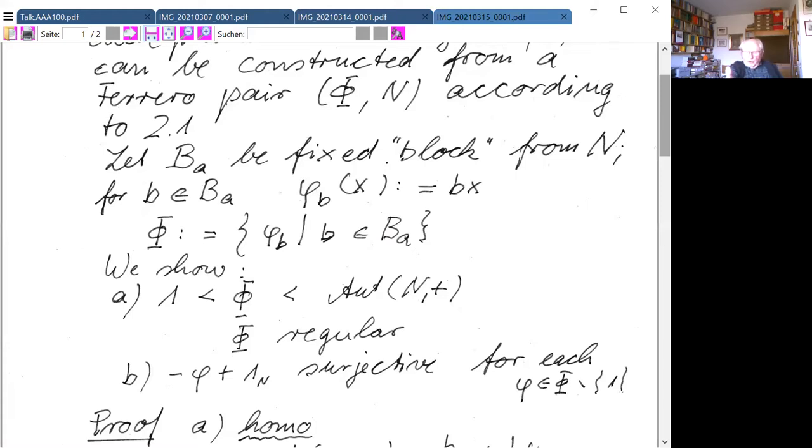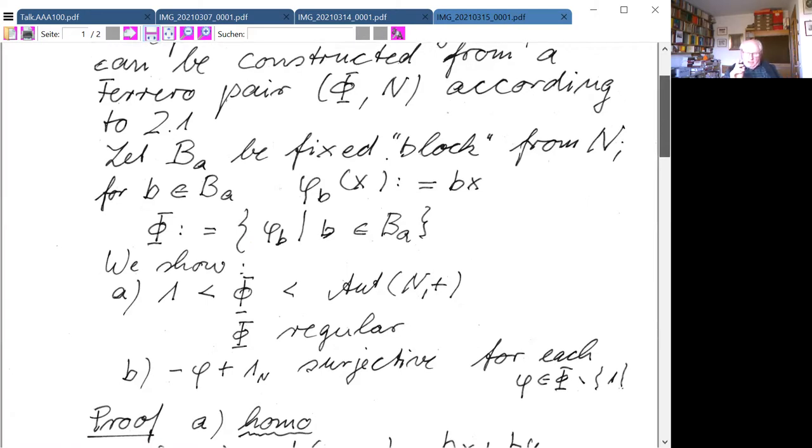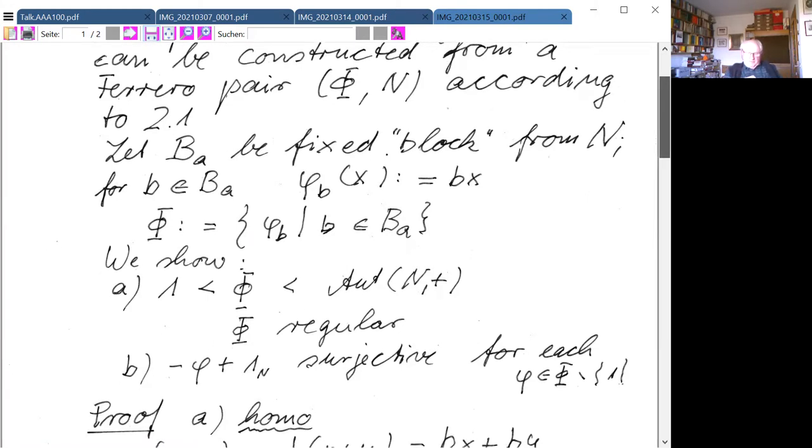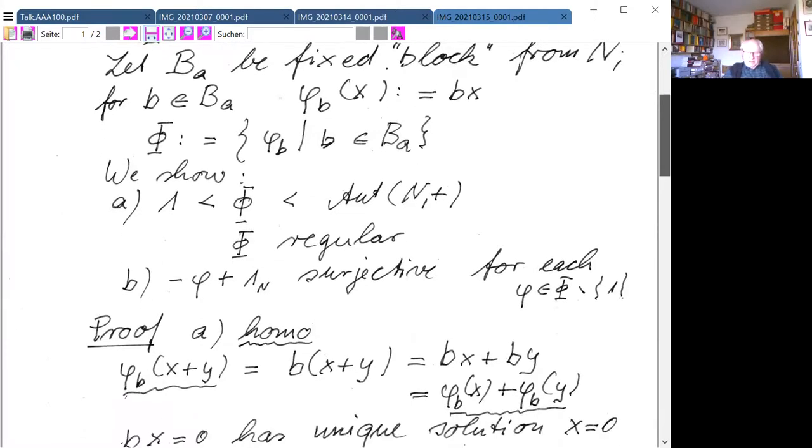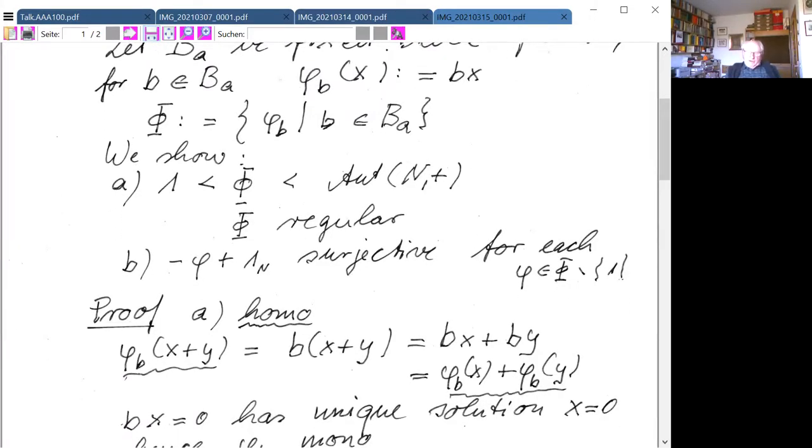Well, we know B_A is a group. Phi is a subgroup of the automorphisms of the group (N, +). And this group is a group of regular automorphisms, or fixed point free automorphisms. And phi minus the identity, phi − 1_N, is surjective for each phi in the complement of 1 in capital Phi.